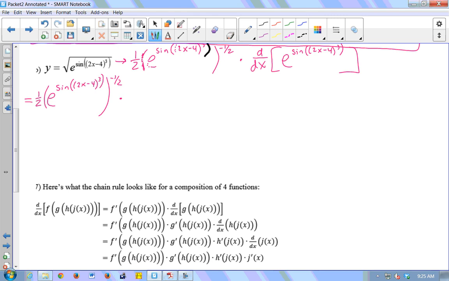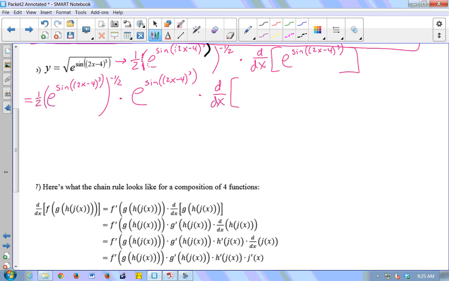Well, what's the derivative of e to some stuff? Yes, e to some stuff. So the derivative of e to the sine of 2x minus 4 cubed is e to the sine of 2x minus 4 cubed. But then I have to multiply times the derivative of all this stuff, the derivative of the inside.